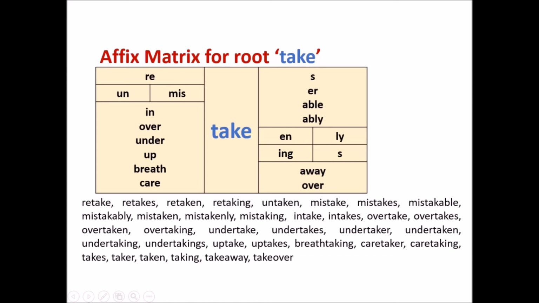Let's make some more words by adding prefixes and suffixes to the root word. Let's say retake, mistake, intake, overtake, undertake, uptake, breathtaking, caretaker, taken, taking, take away, take over.